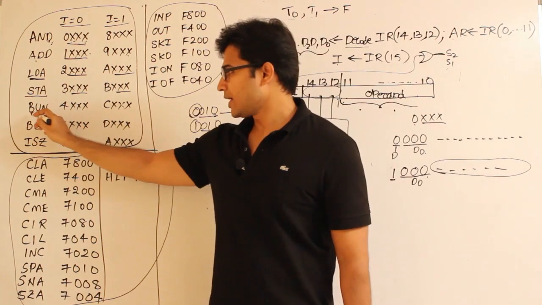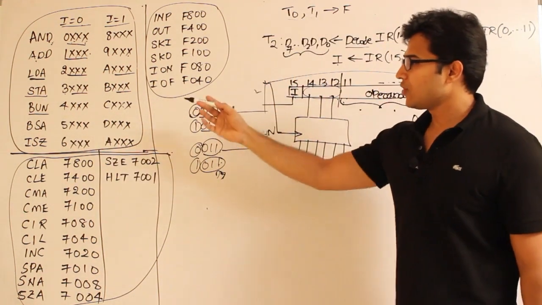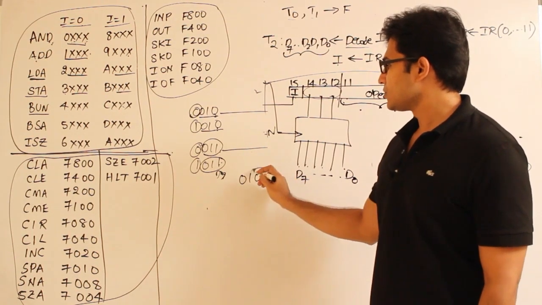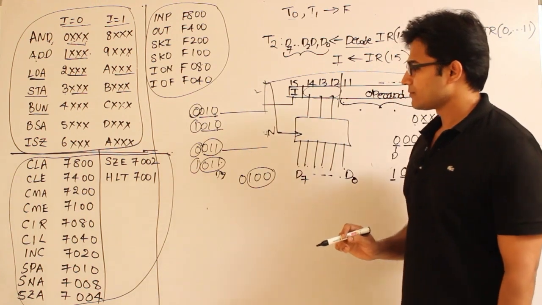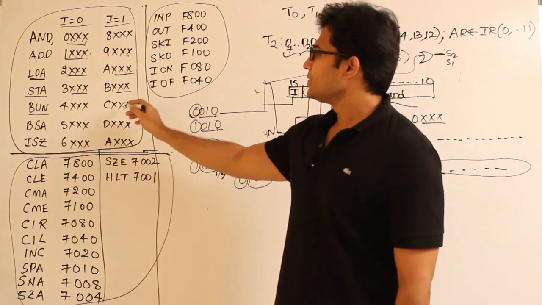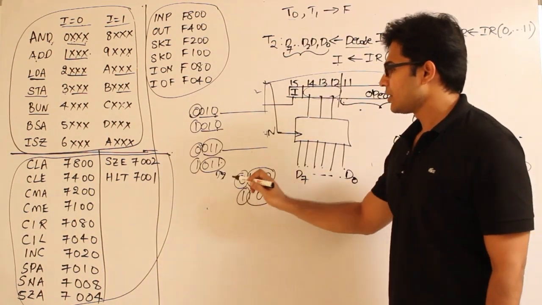And here also it is branch unconditional. BUN means branch unconditional, and 4XXX means it is 0100, right? So it is going to enable D4, and this 0 means it is direct. And similarly CXXX means 1100, which means again D4 and indirect.